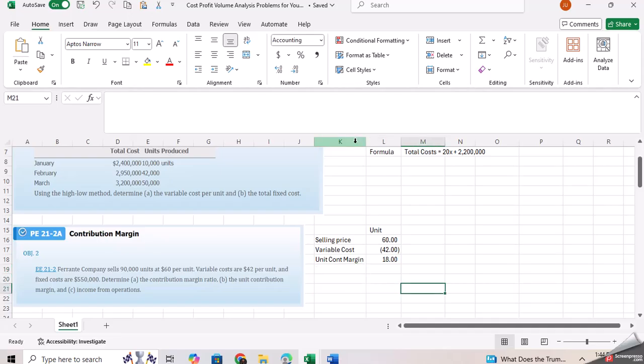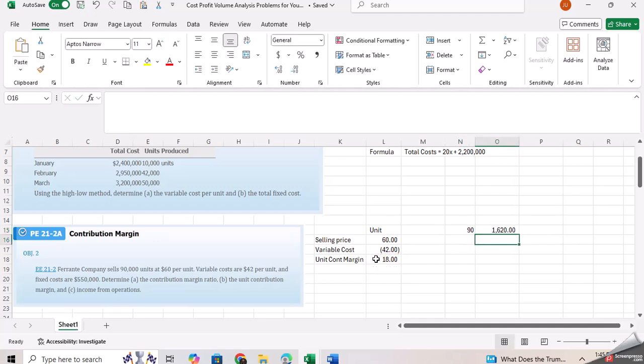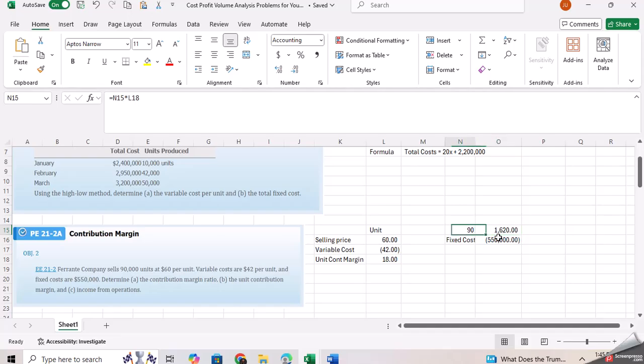They also asked for our contribution margin ratio. So if we had 90,000 units and we took the 90,000 times the $18 and then less our fixed cost, okay, then we sum those.